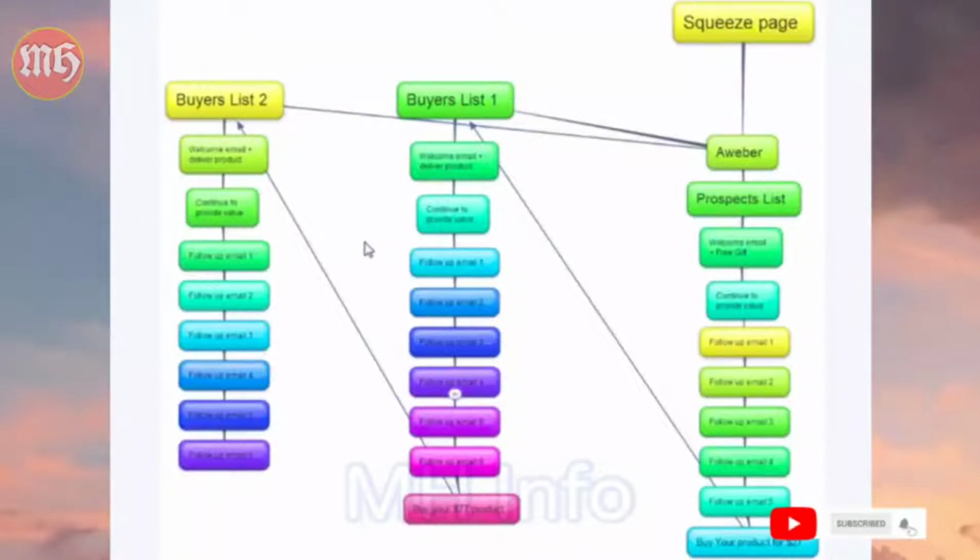So if they buy a $10 course, you could then offer them a $22 course as your next product. But as I said, it all depends on how much you charge for your first product, and that then depends on how much you charge for your next product and the next one after that.